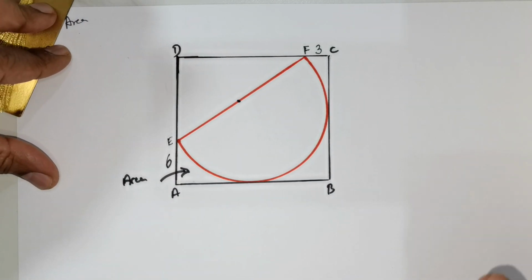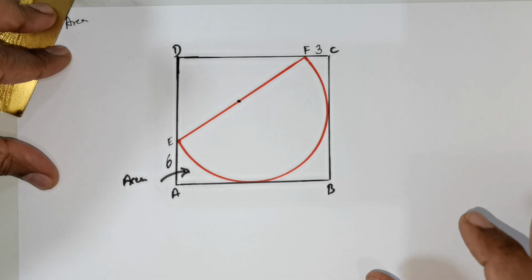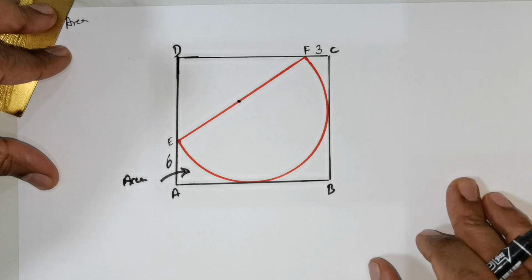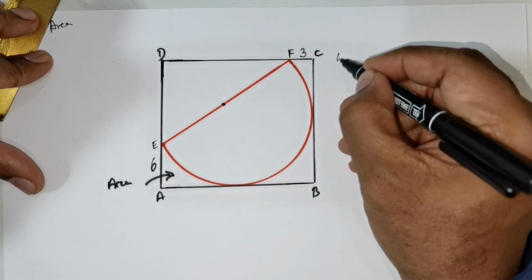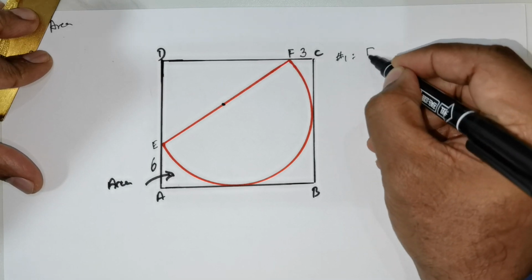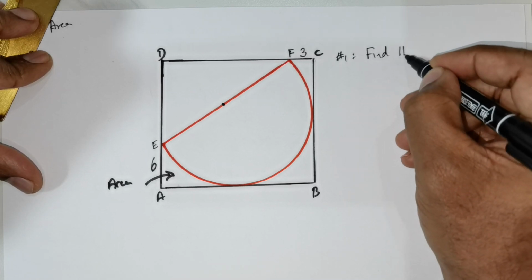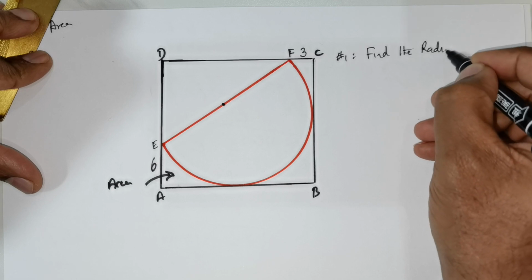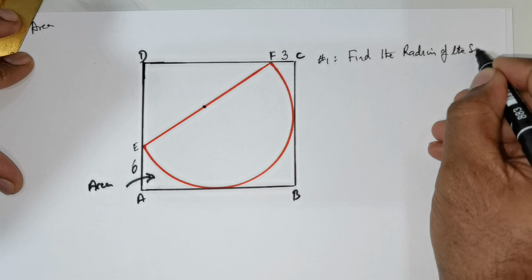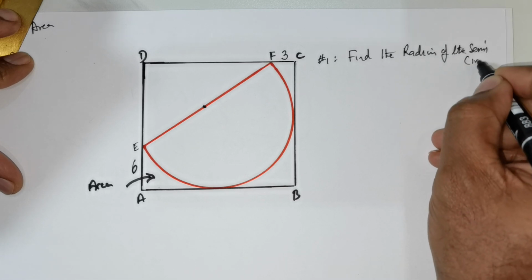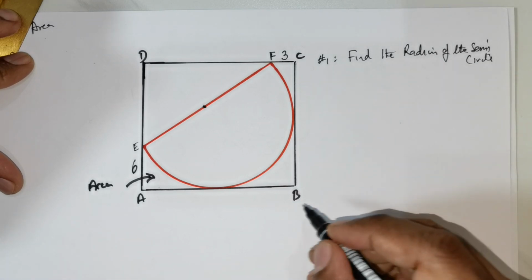So these are the informations that have been given, nothing else much. Now having got this information, what I'm going to do is I have to first, step number 1, I need to find the radius of the semicircle. That's important, we need to get that.